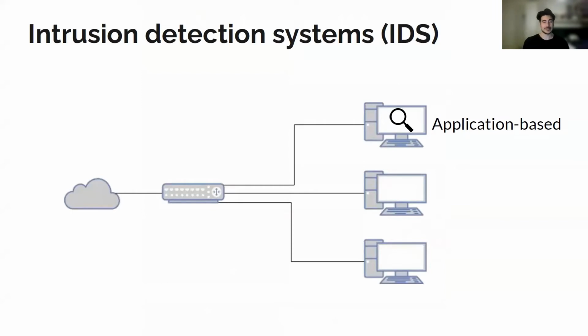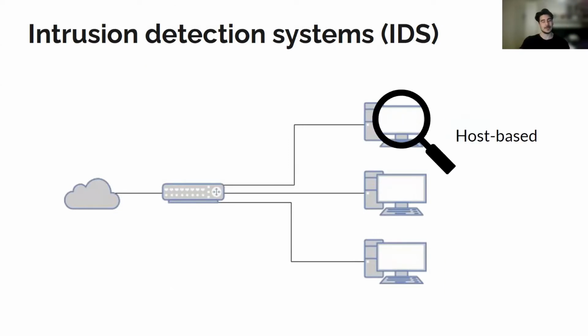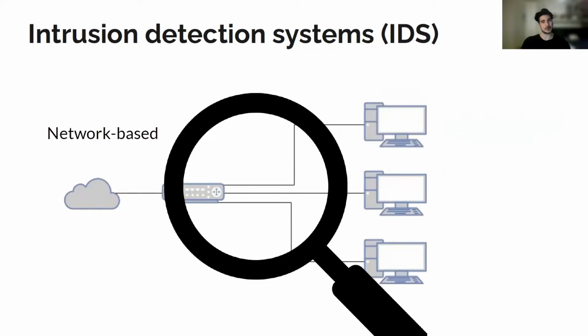You have several different types of IDSs, for example the application-based IDS and the host-based IDS, but the one that I'll be focusing on in this presentation is the network-based IDS, which is a system that's usually plugged into a router in a network that analyzes all of the traffic produced by the machines on that network and tries to find potentially malicious traffic within this traffic.